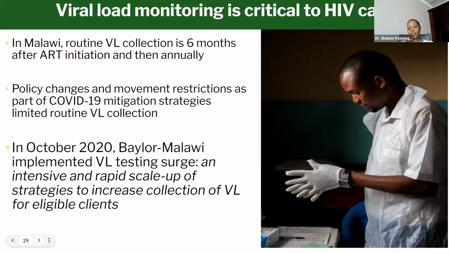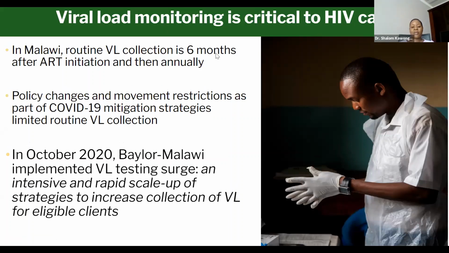year afterwards. There were some policy changes that took place around COVID-19. When we had the peaks of COVID-19, there were always policy changes to restrict movement, but also to decongest health facilities.